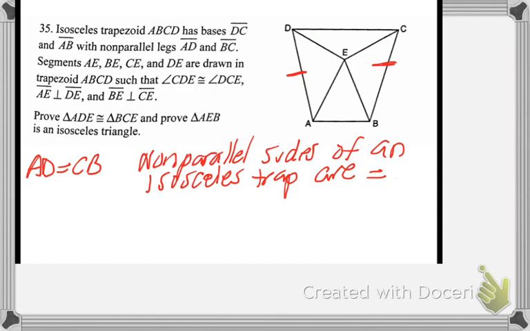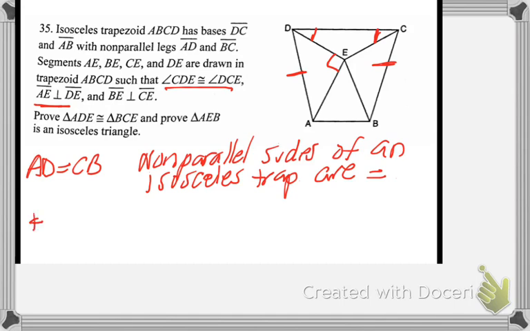Okay, next we're told angle CDE, right here, is equal to angle DCE, which is this one right here. So we can mark those. Let's see what else they're telling us. AE is perpendicular to DE, and BE is also perpendicular here. That means you're going to have a right angle there.